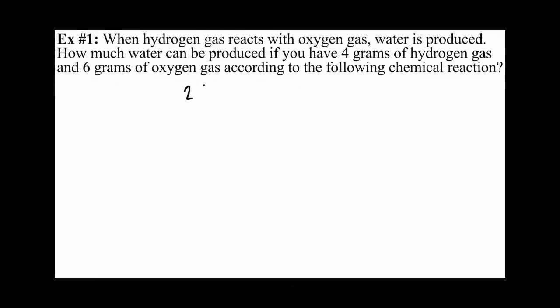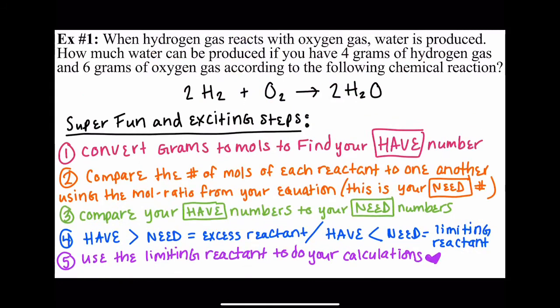So here's our problem again. Here's our reaction. And then these are the 5 steps that we're going to use. The first one, we have to convert grams into moles, and that's what we're going to call our half number. The second step, this one is a little bit weird. We're going to compare the number of moles in each reactant, and we're going to use a mole ratio that we get from the equation.